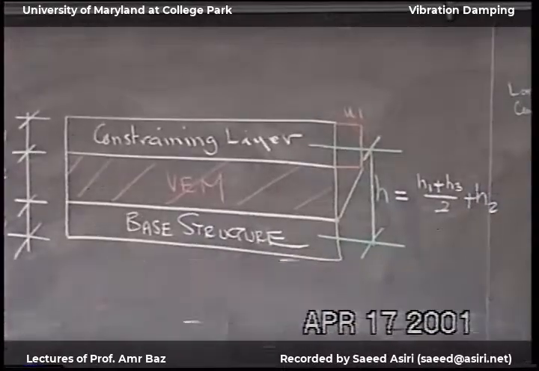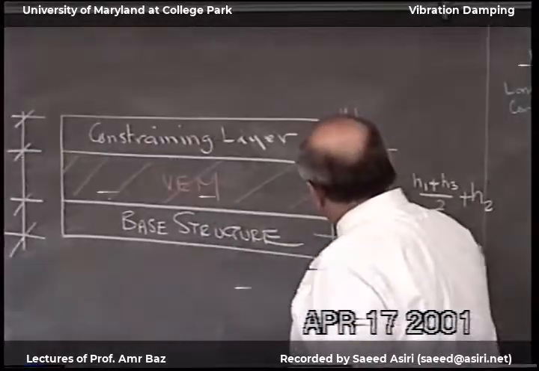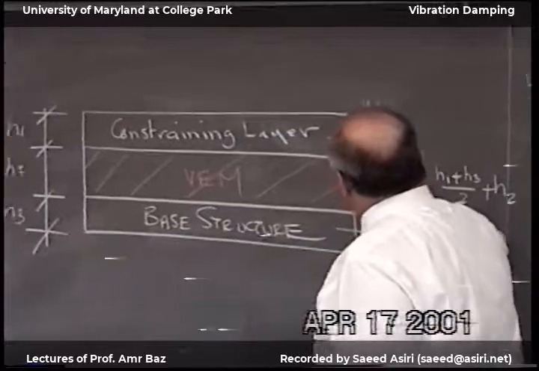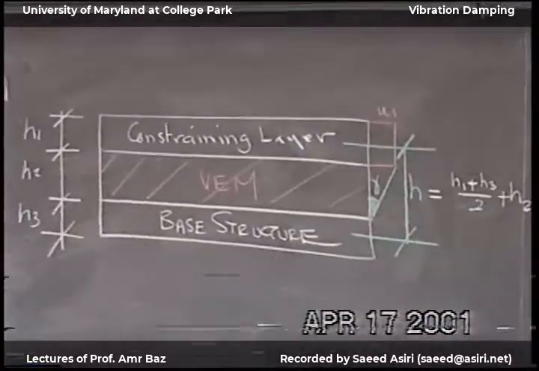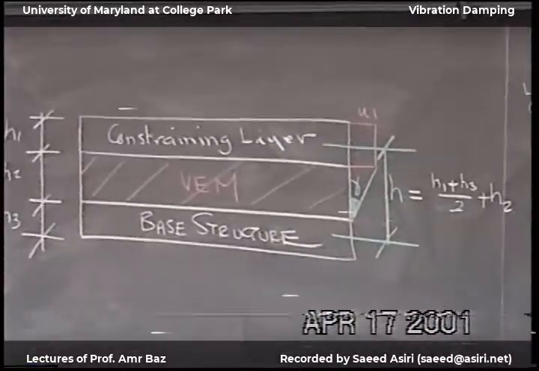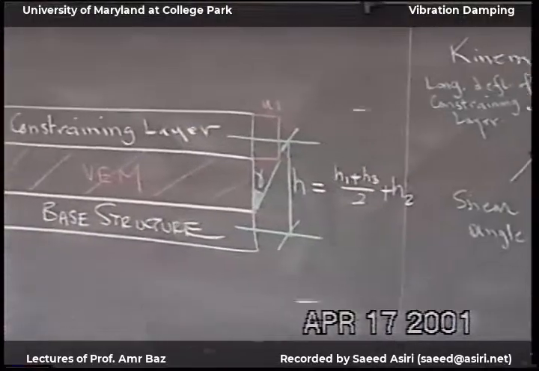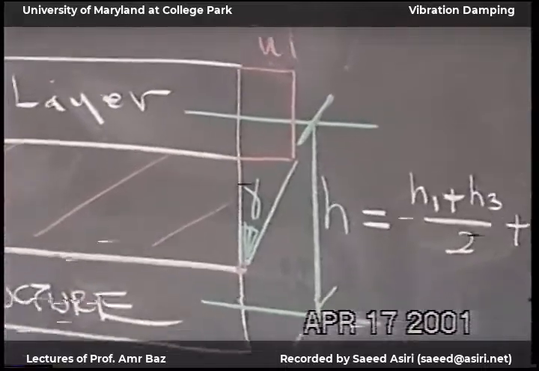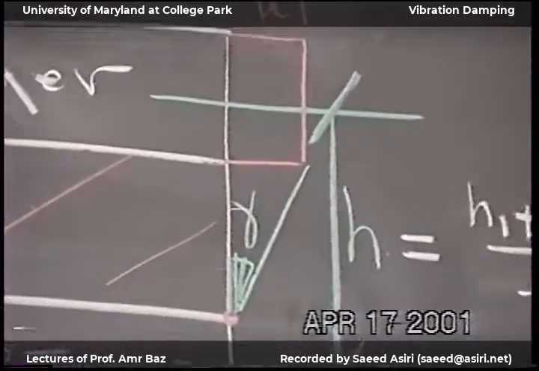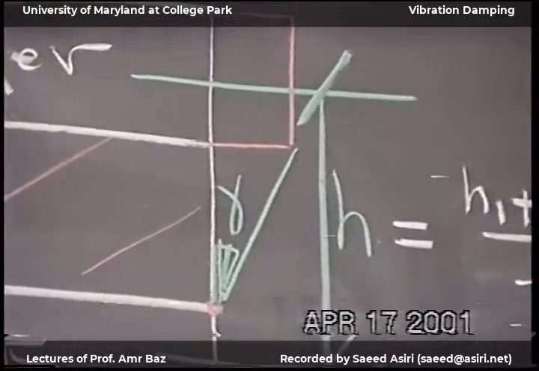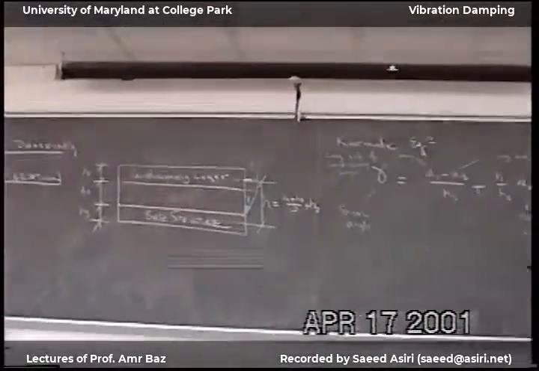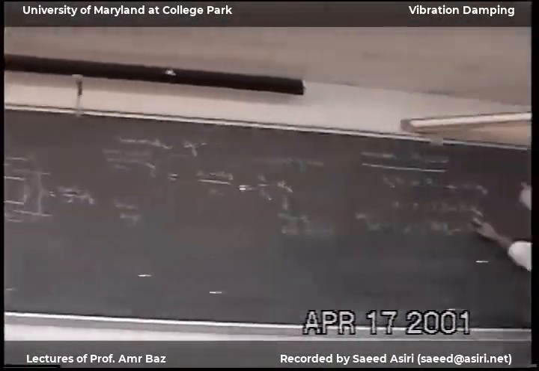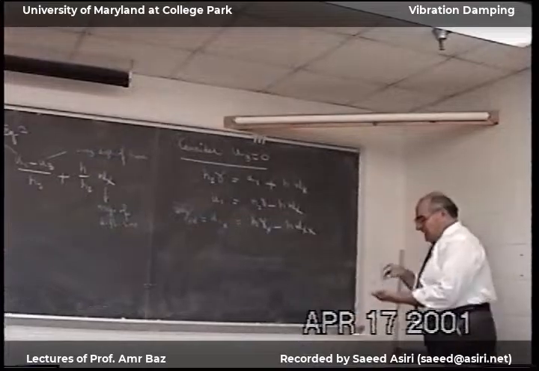Then the shear angle is right here, gamma. And I can get the shear angle in terms of the deflection and the slope of the deflection curve.